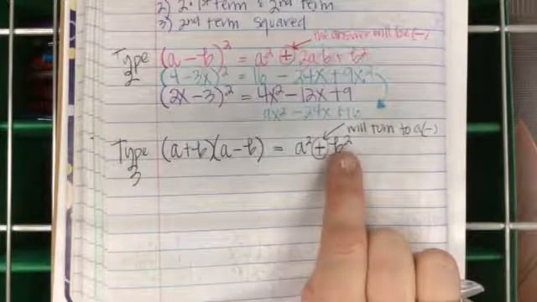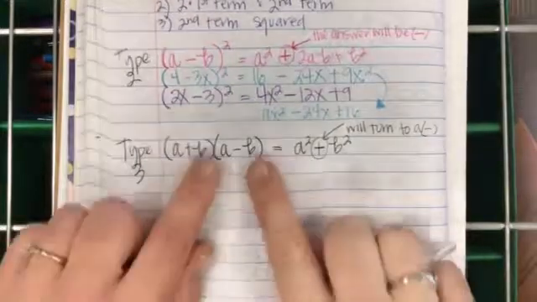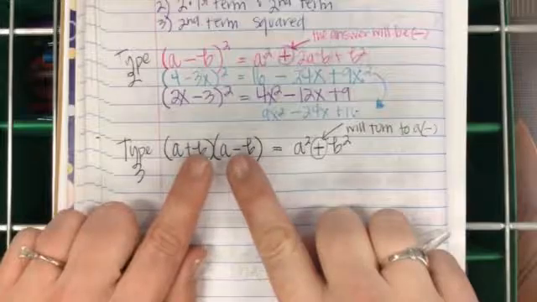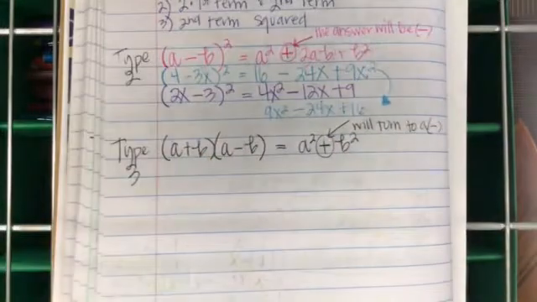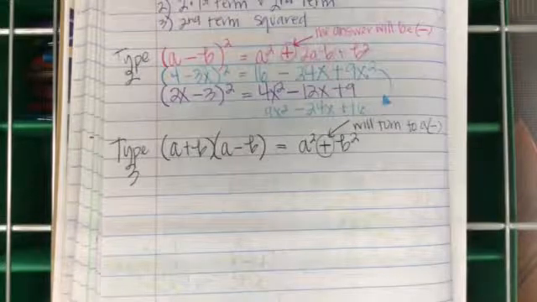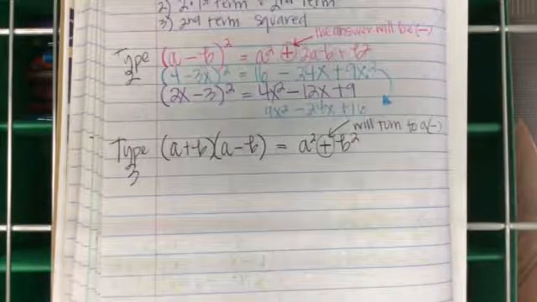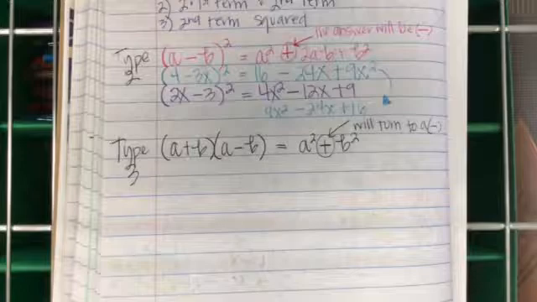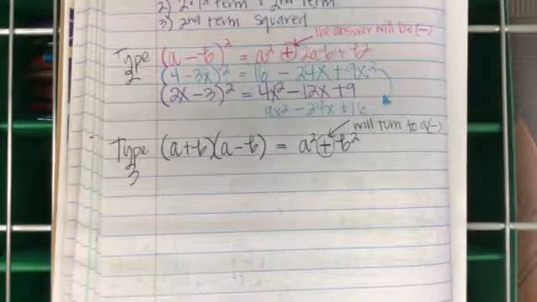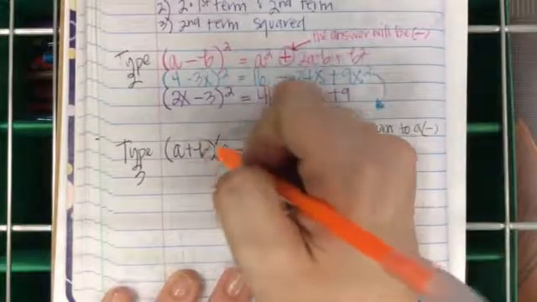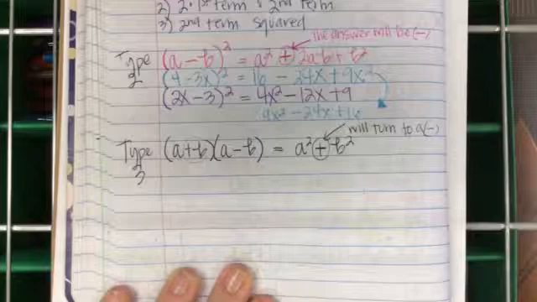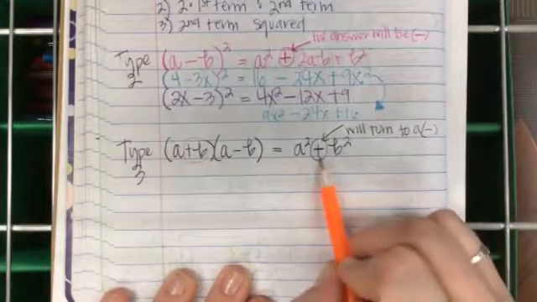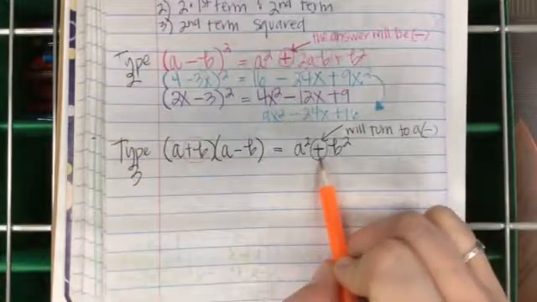Why, looking at this formula right here, will you always have a negative b squared value? Damaris? Camden, why? Because you're always going to have a positive times a negative, because that's the way the formula is set up. And a positive times a negative will always result in a negative.